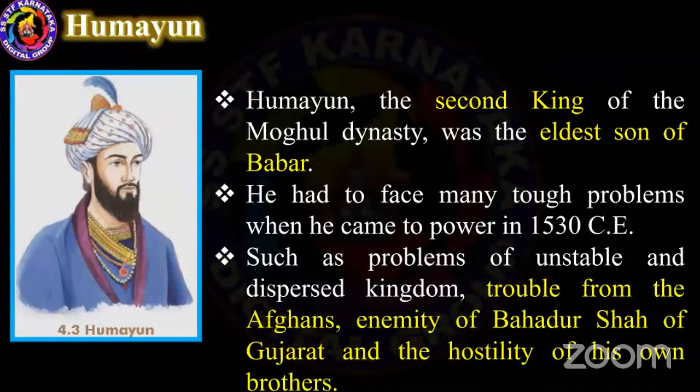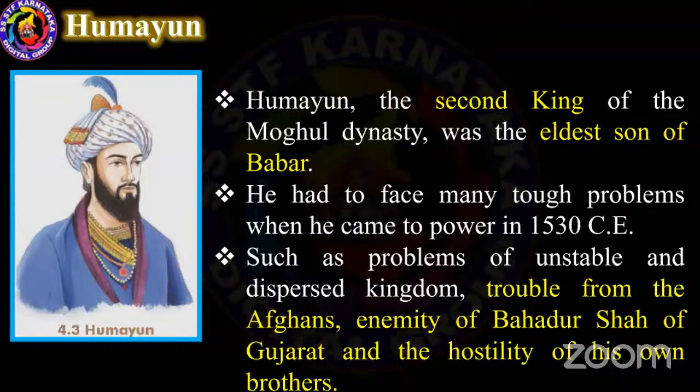When he came to power, he faced a lot of problems from the Afghans, from the native rulers, and from his relatives: an unstable and disturbed kingdom, trouble from the Afghans who tried to defeat Humayun, the enmity of Bahadur Shah of Gujarat, and the hostility of his own brothers.